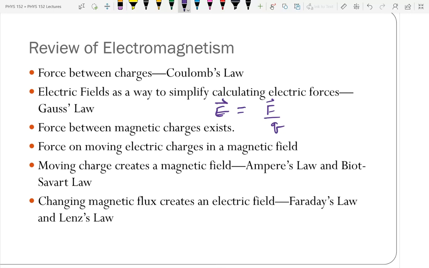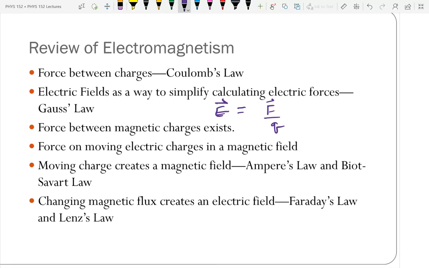Because a charge that is stationary is not affected by a constant magnetic field. If I just put an electron and have it sitting stationary on the earth and the magnetic field is constant, there's no force due to magnetism on that charge. But as soon as the charge starts to move, then I can have a force.